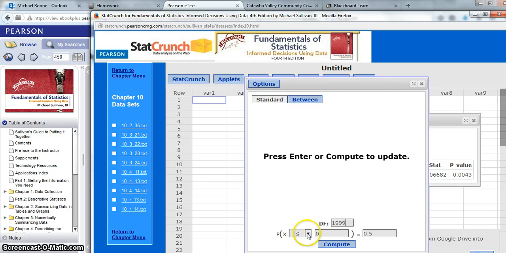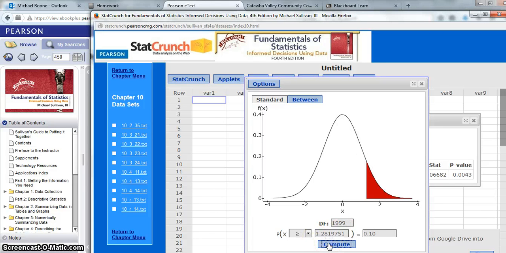And I'm looking for that test statistic when I have 0.1 to the right. 0.10 is what they said alpha was. And so that divides my critical region. That is t alpha, 1.28.